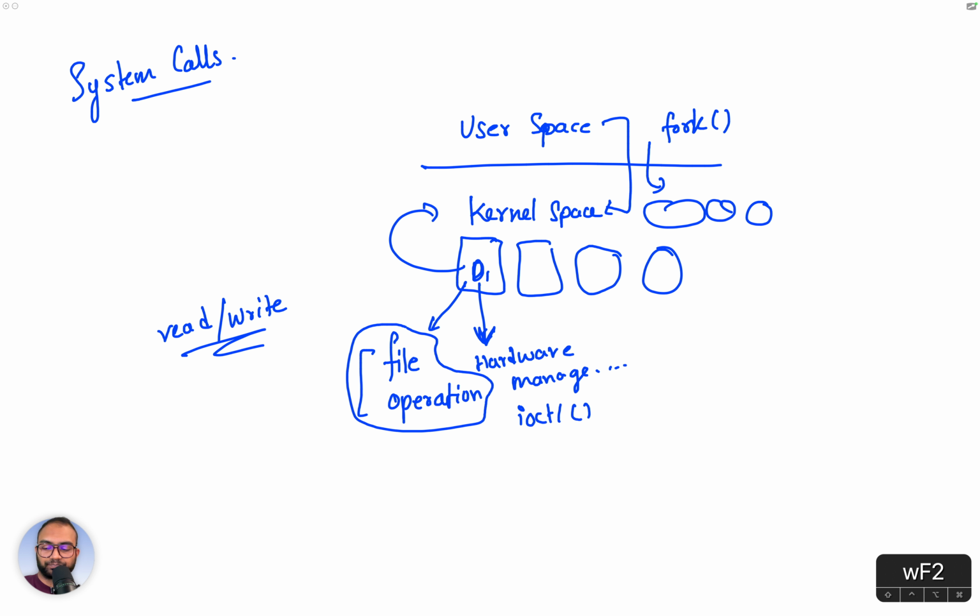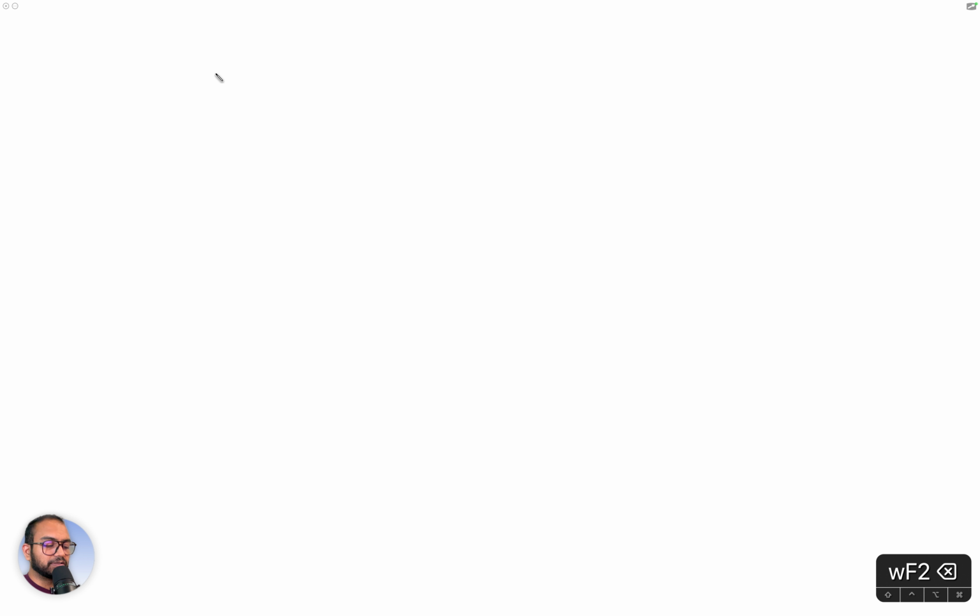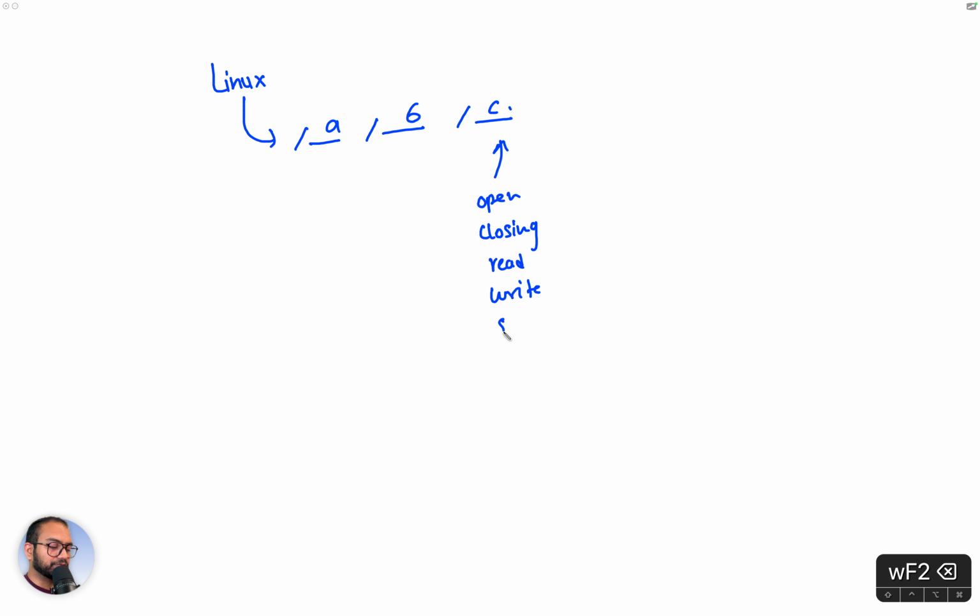first driver. So it turns out that Linux typically treats everything as if it is a file, as if it is A slash B slash C. So everything in Linux is a file, and then on a file you can perform certain operations, like opening the file, closing the file, reading the file, writing the file, seeking into the file, and so forth.